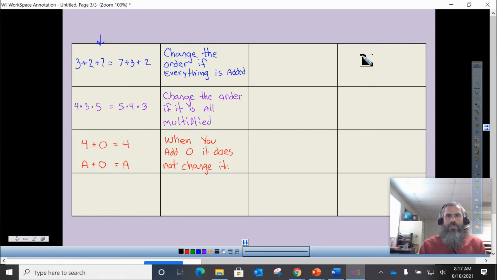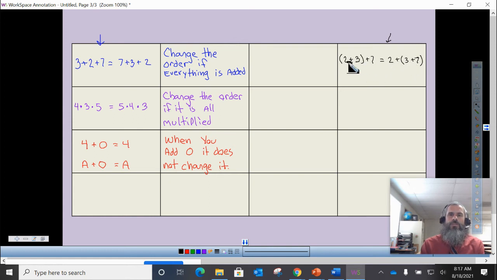And that brings us over to here. This one behind here should say associative property of addition. And the associative property says that if I have things that are all being added together, but I would like to add them in a certain order first, I'm allowed to group different pieces together. So you can change the grouping.